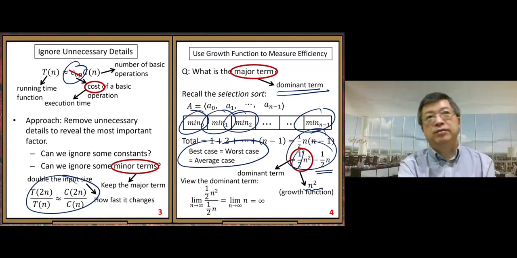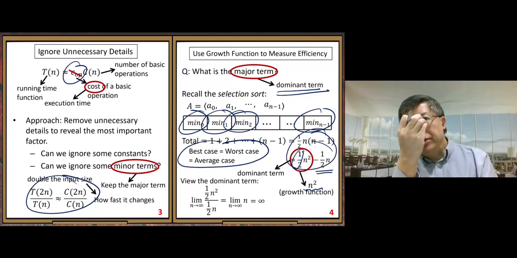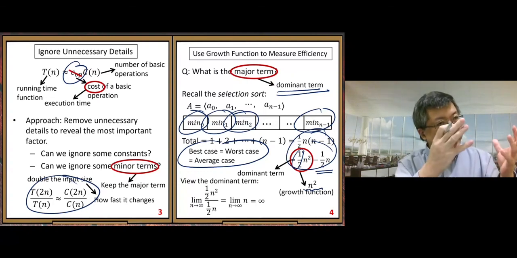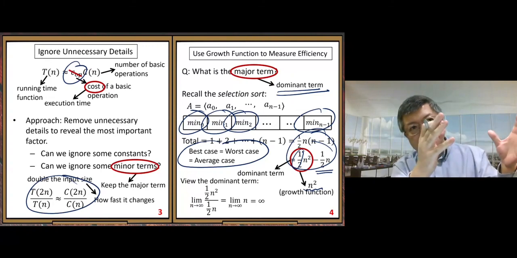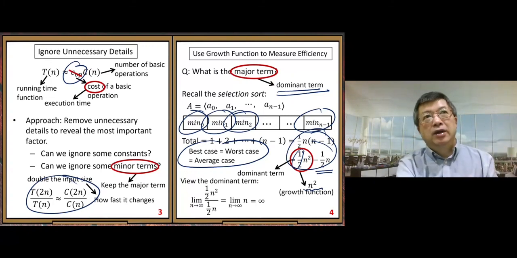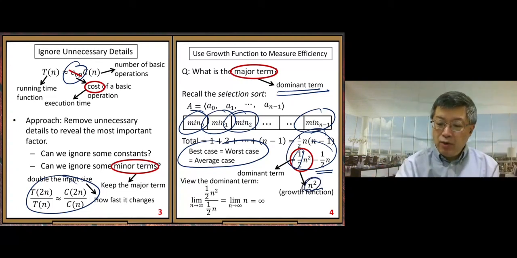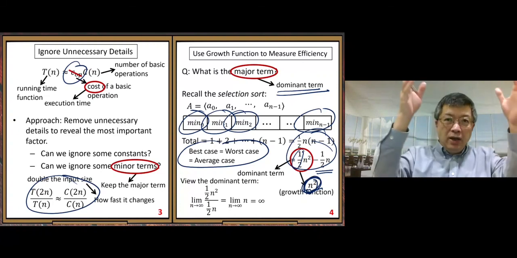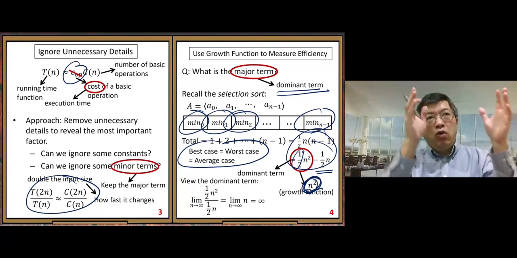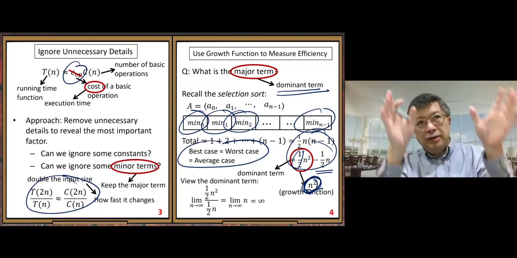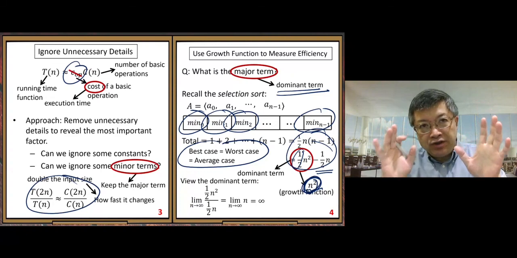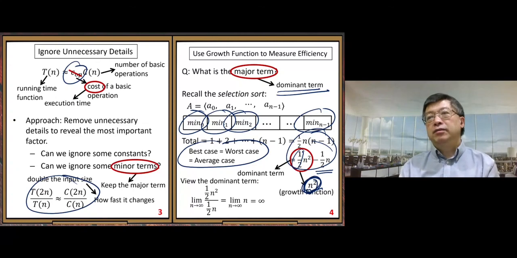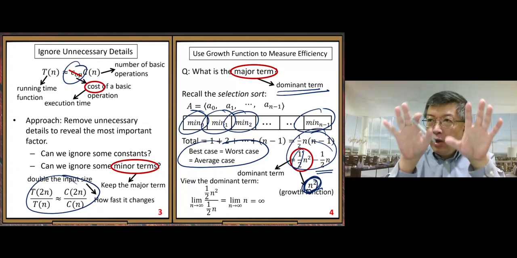So we can bypass that kind of constant and just focus on the most important part here, the n squared. That is the growth function background and its exact meaning. Later we will use this understanding to describe all our algorithms.